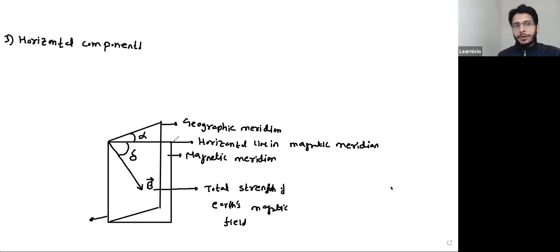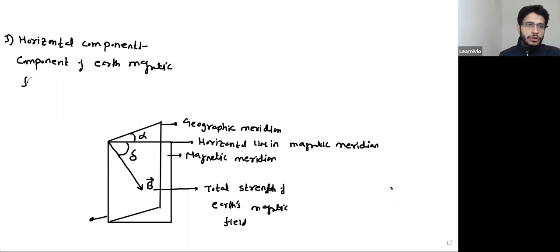So the horizontal component is just the component of Earth's magnetic field along horizontal. Okay, can you tell me what's the component of B along this direction?